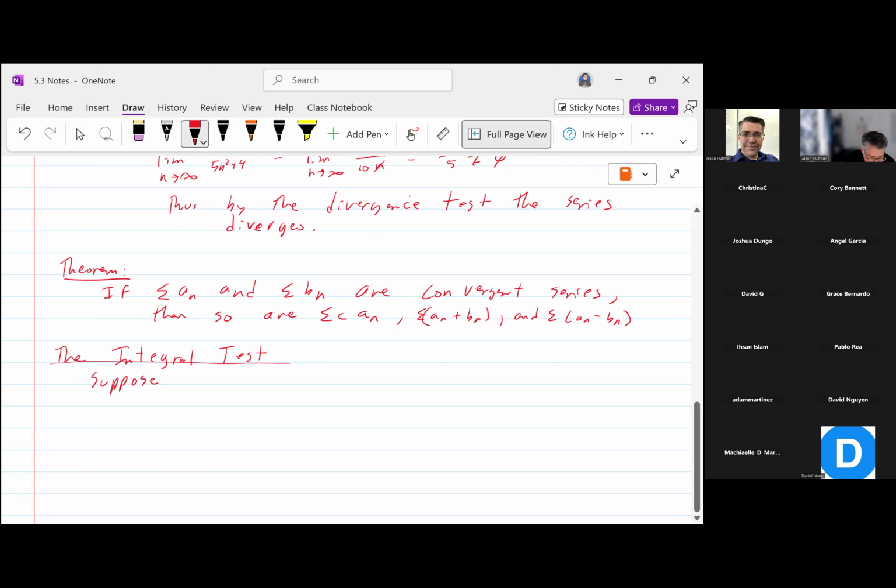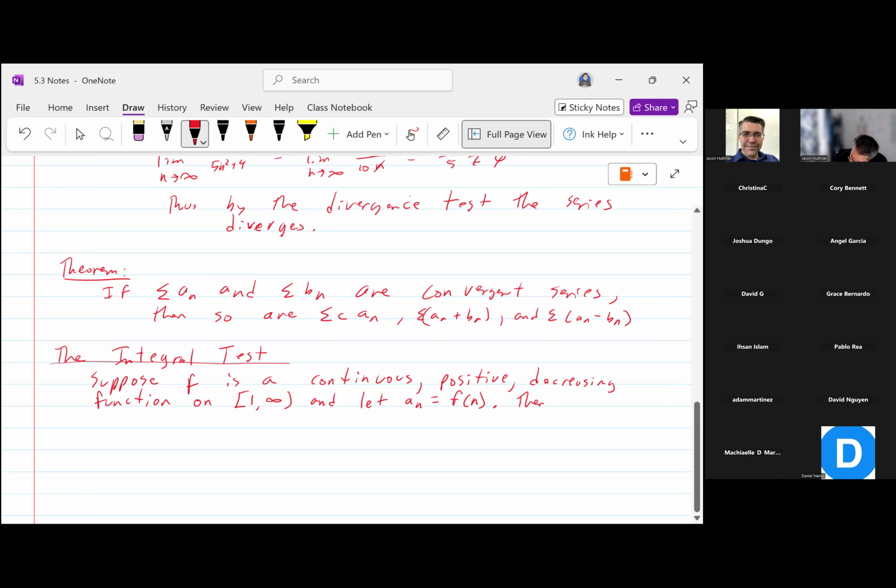Suppose f is a continuous, positive, decreasing function on 1 to infinity, and let a sub n equal f of n.